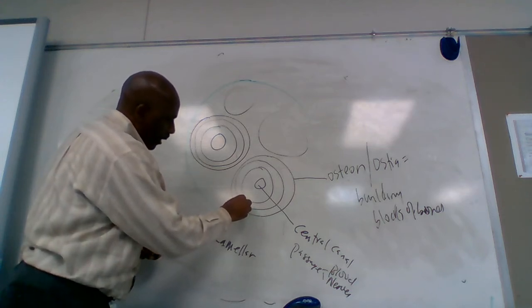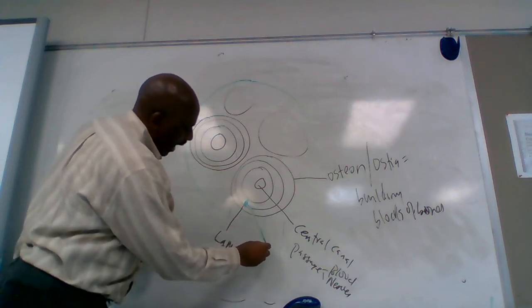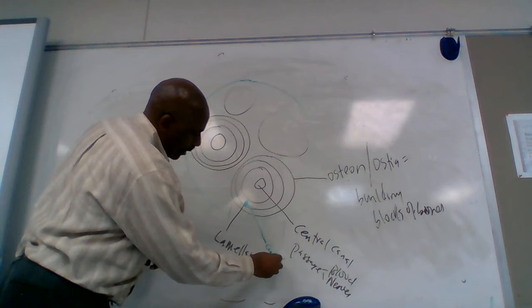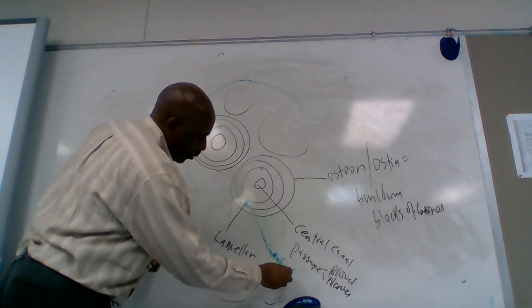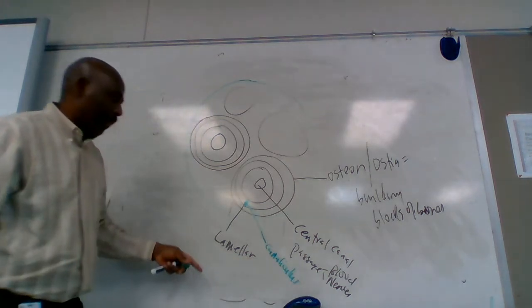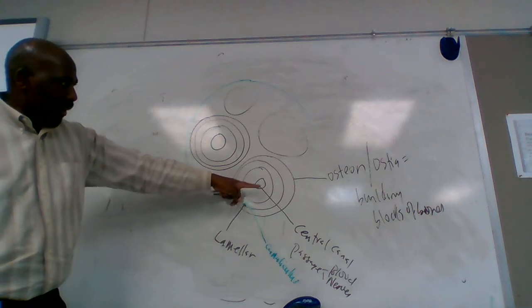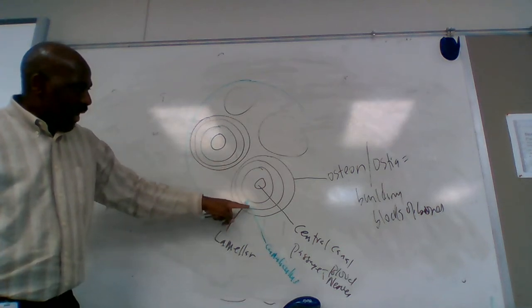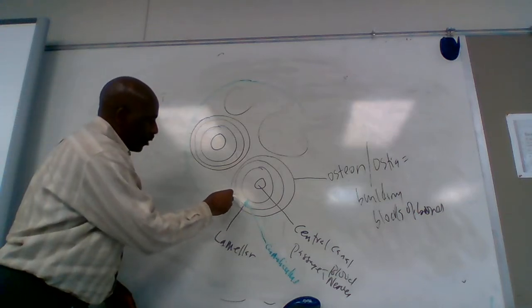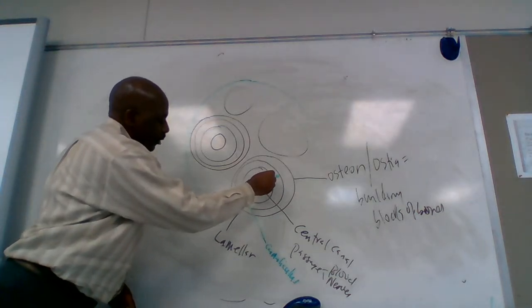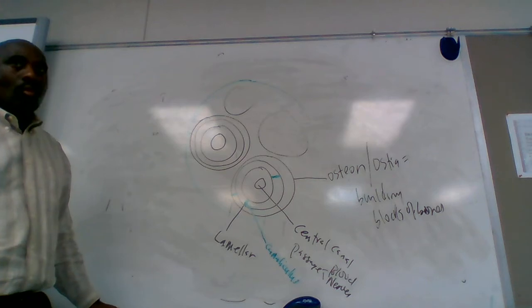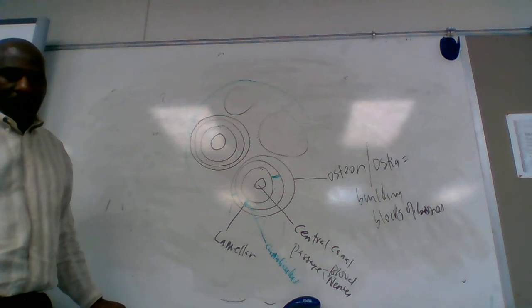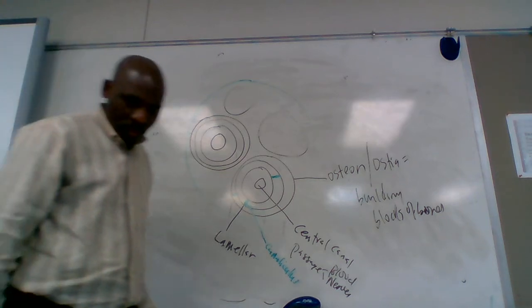You can see that they are connected by a structure called the canaliculus, for singular. So we have these concentric rings around. One of them is called a lamella. The lamellae are connected with each other by a structure called the canaliculus.